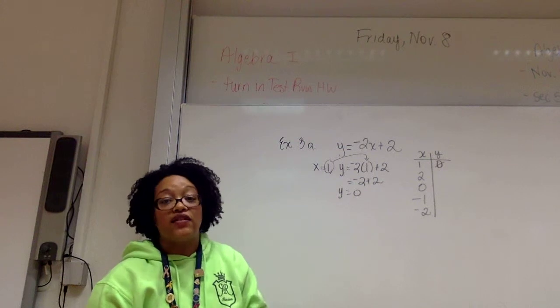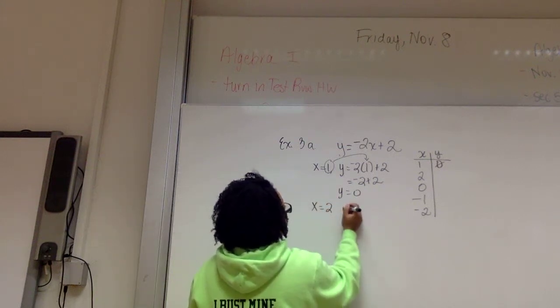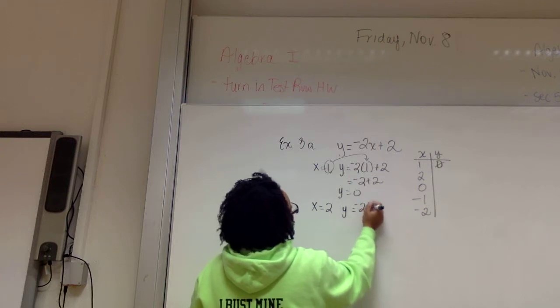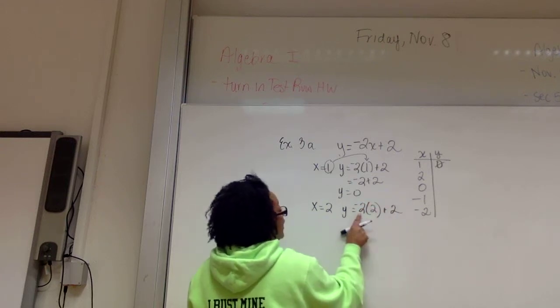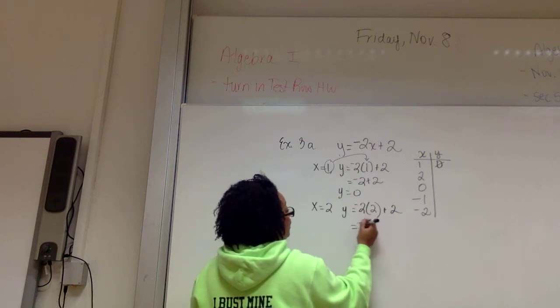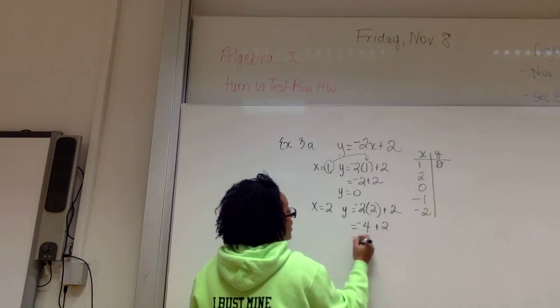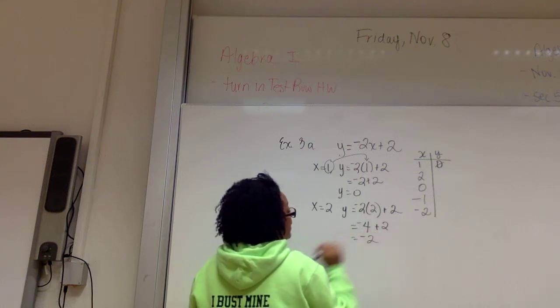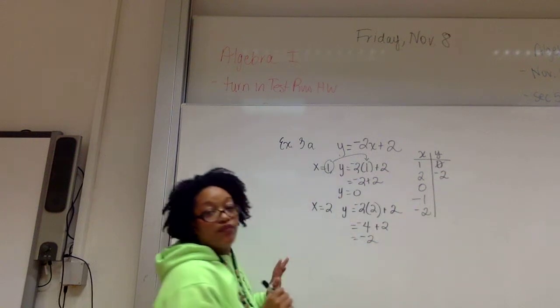Then we go to our next value of X. When X is equal to 2, I plug it in. Y is equal to negative 2 times positive 2 plus 2. Negative 2 times 2 is negative 4. You add your 2. Negative 4 plus 2 is negative 2. So that goes in my second row.